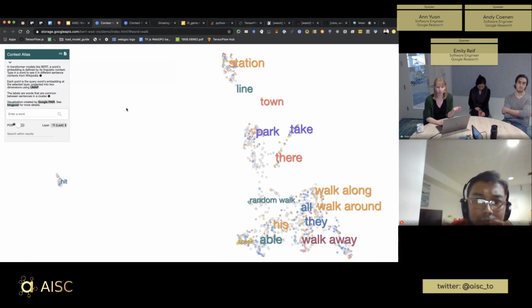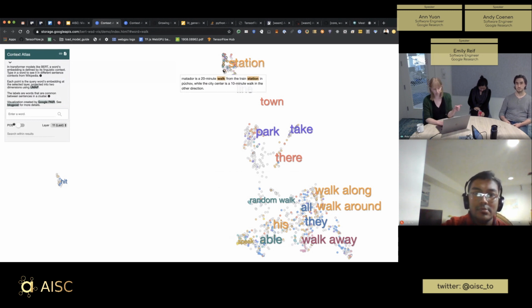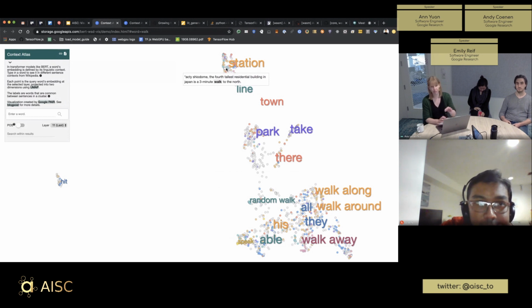So this is the word walk projected into 1,000 sentences, as I said, and these are the last layer embeddings. These labels are for a given cluster of sentences. Every point represents a sentence. For each cluster, what is a main word that pops out frequently?